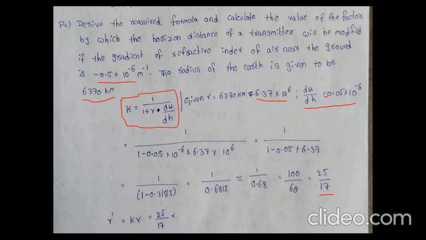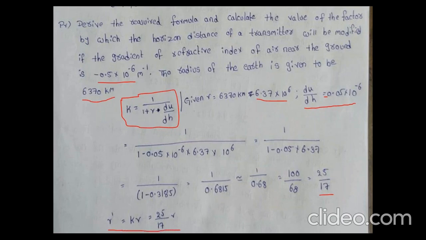Okay, so r dash. We need to find the factor by which the horizon distance of the transmitter will be modified. So the modified r dash is nothing but k into r.